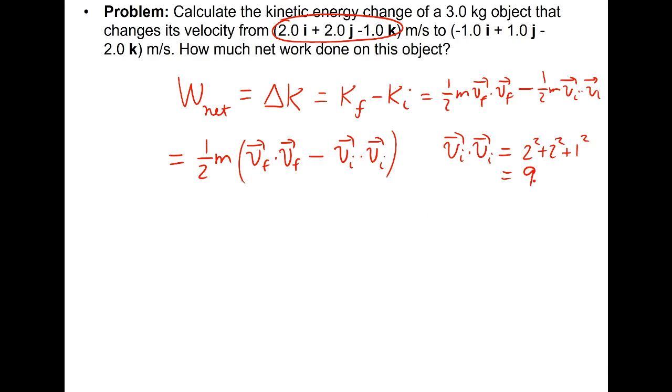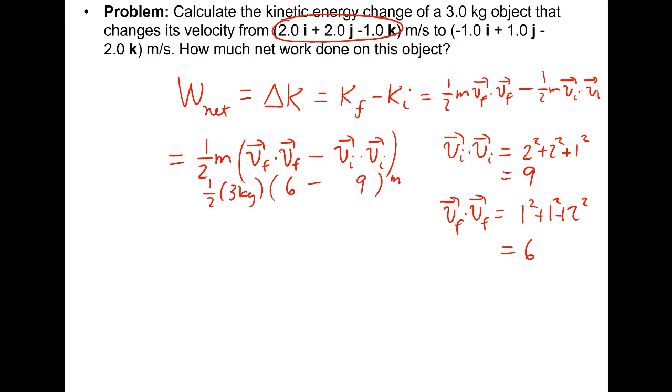So we actually want that to be 9. Okay, v final dot v final is going to be 1 squared plus 1 squared plus 2 squared, and that looks a lot like 6. Then we plug in 1/2 times 3 kilograms times 6 minus 9 meters per second squared, and we get negative 4.5 joules as the net work, which is also the change in kinetic energy.